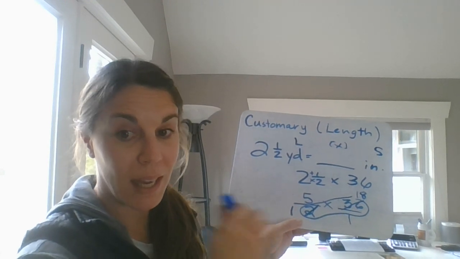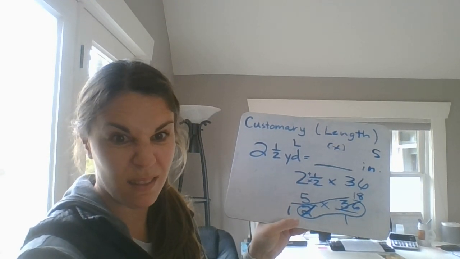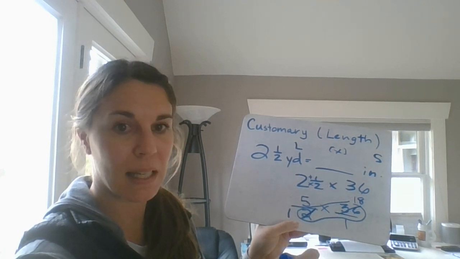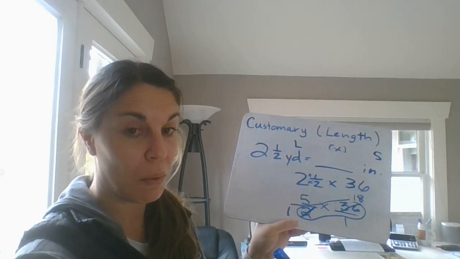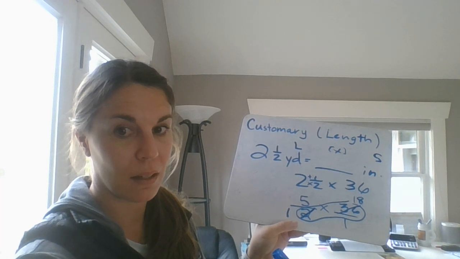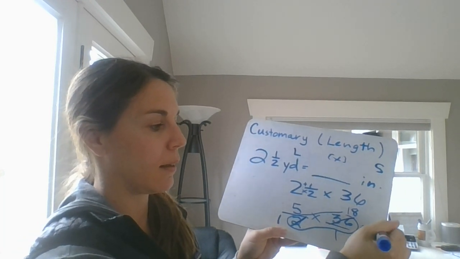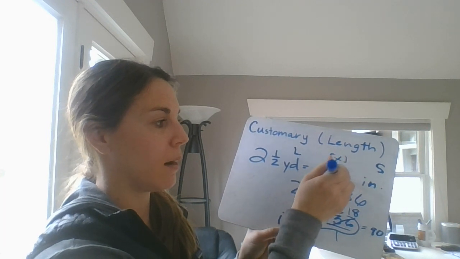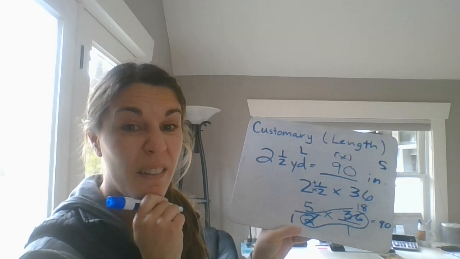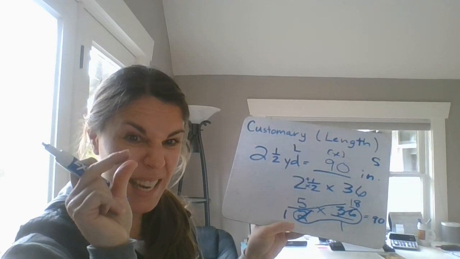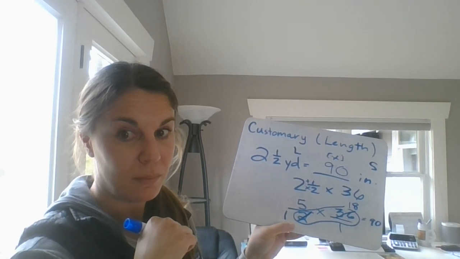So now when I'm looking, my denominators are 1. So I know I'm going to have a whole number. All I have to do is 5 times 18. Micah, what would that be? 5 times 18. Yeah, that's going to be 90. So when I go up here, if I had 2.5 yards, because remember those are bigger, that would be equal to 90 inches.